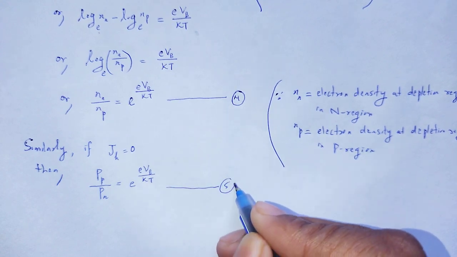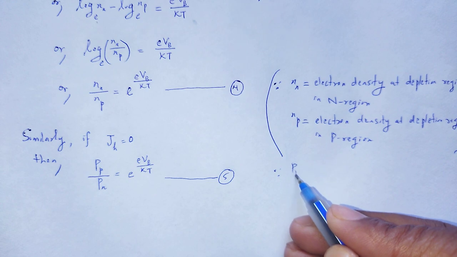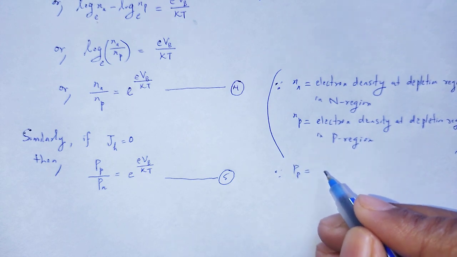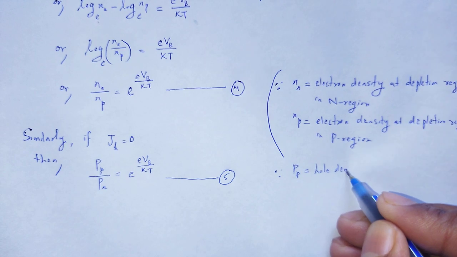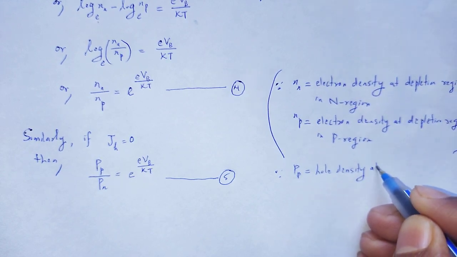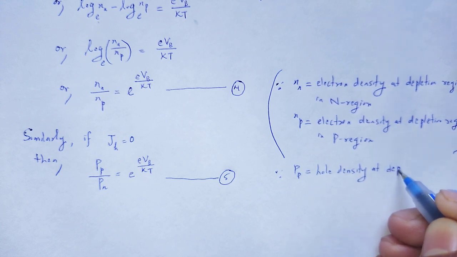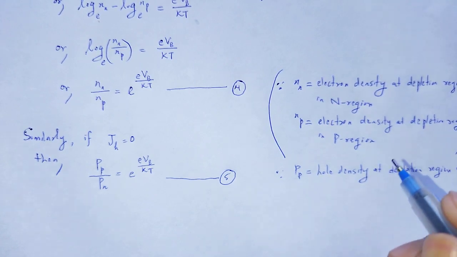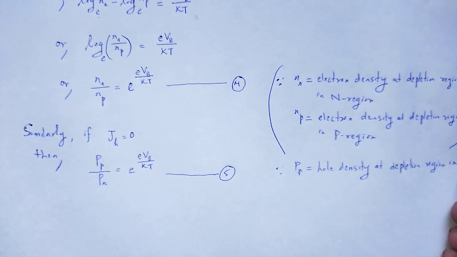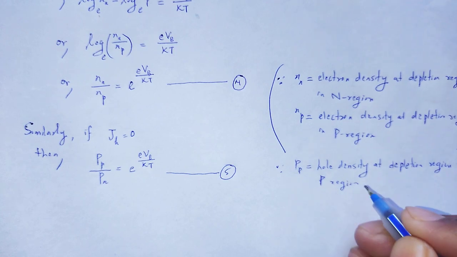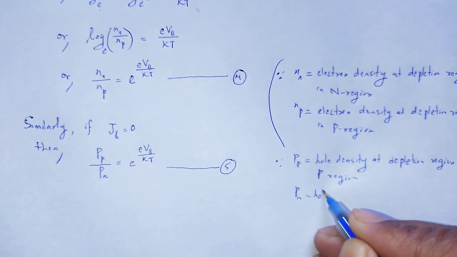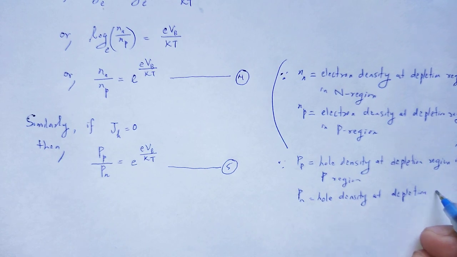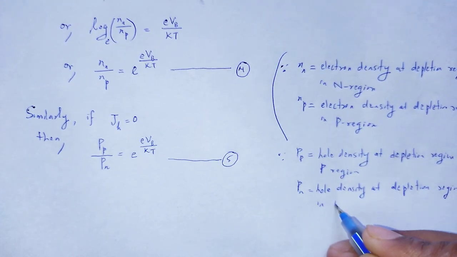That is equation number 5, where pp is the hole density at the depletion region in the p type, in the p region. Similarly, pn is the hole density at the depletion region in the n region.